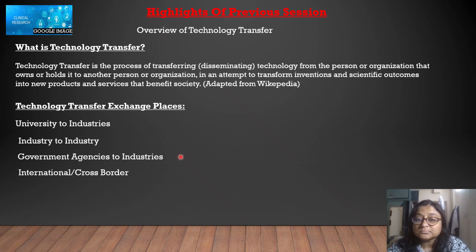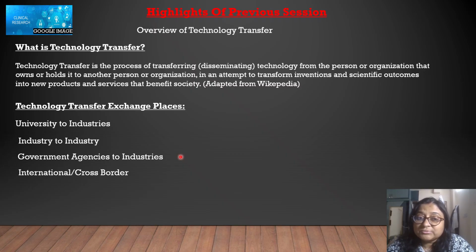That means it is the transfer of scientific knowledge from one organization to another, from universities to industries. It is transferred across borders also.